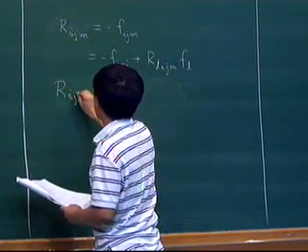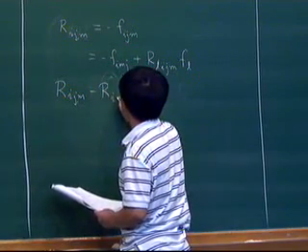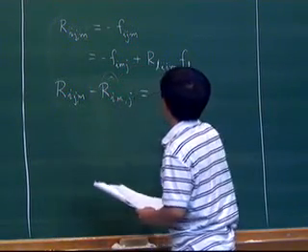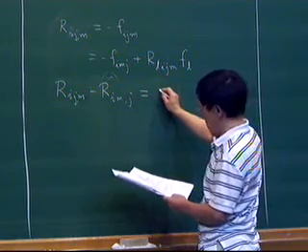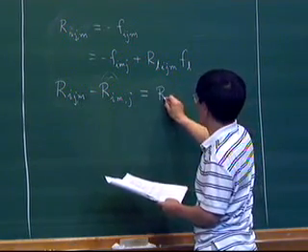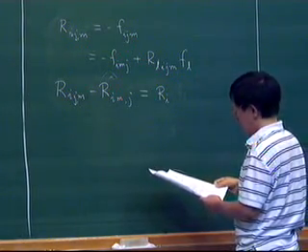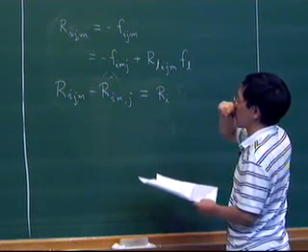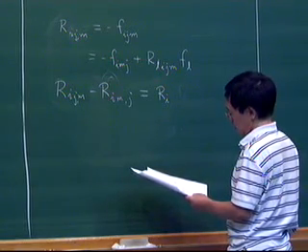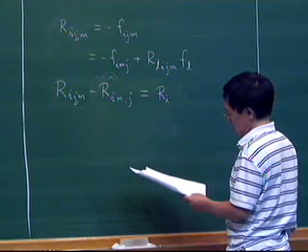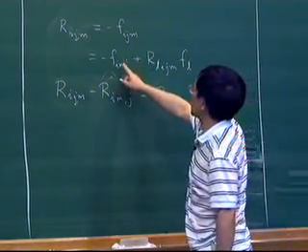I have IJM plus IJ equals to, so I need just perturbate it.